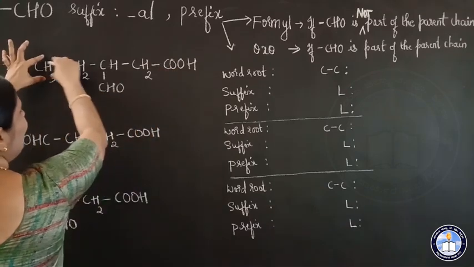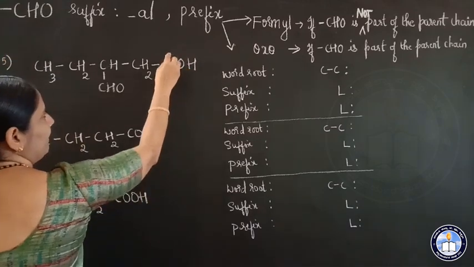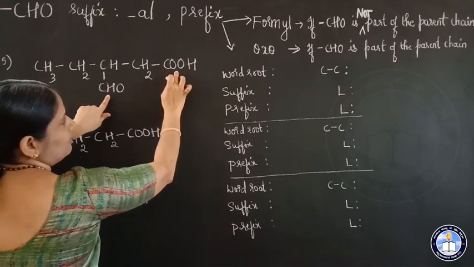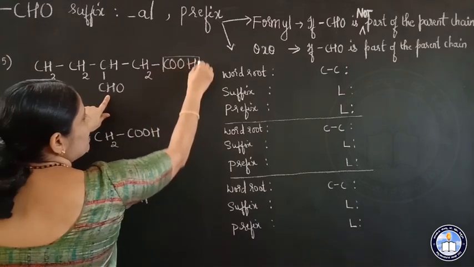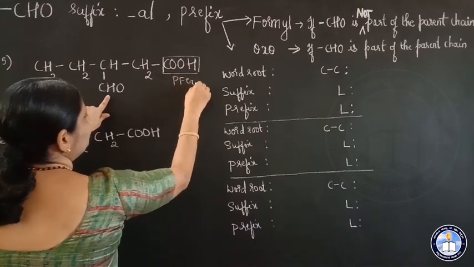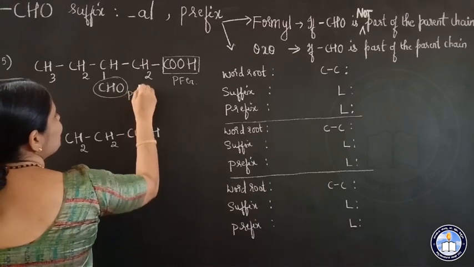So now this is the parent chain. Now numbering. CHO group is there, COOH group is there. So which is the principal functional group? COOH is the principal functional group. Now CHO group will be named as prefix.